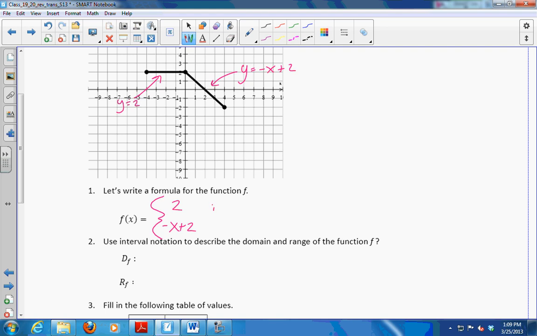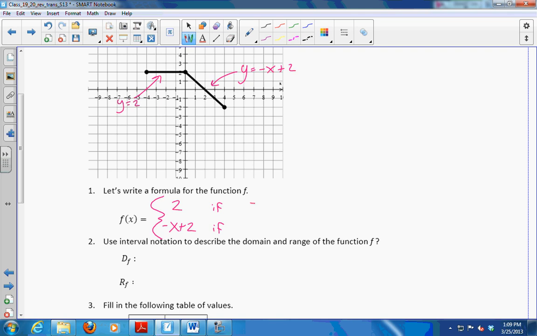And then I have to add my ifs, right? So f of x equals 2 if what? So the y value is 2 if x is where? Less than 0, yep, and bigger than -4 because it doesn't go on forever.